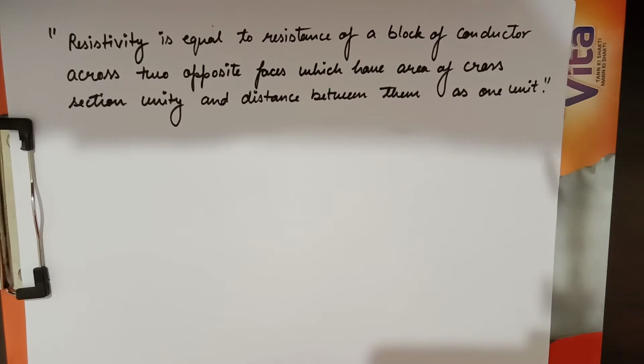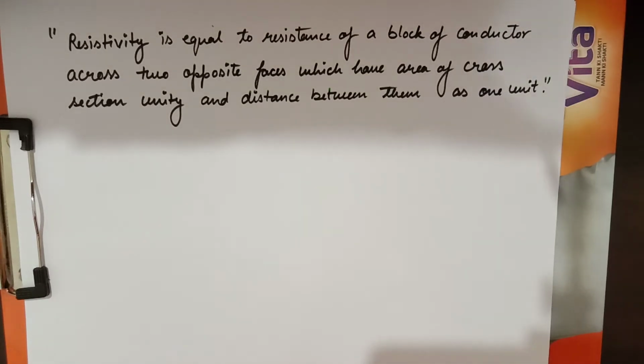So resistivity is equal to the resistance of a block of conductor across two opposite faces which have area of cross section unity and distance between them of 1 unit. The definition of resistivity, or specific resistance, we have made from the formula R equals ρL upon A, by putting L equal to unity, that is, the length of the conductor is 1 and the area of cross section is 1, so R comes out to be equal to ρ.